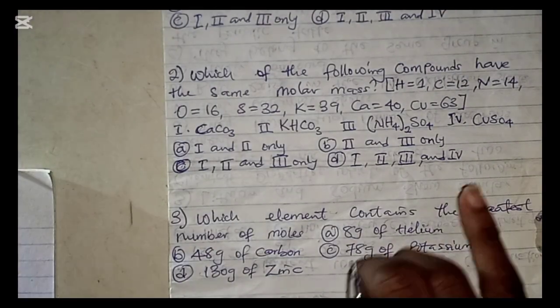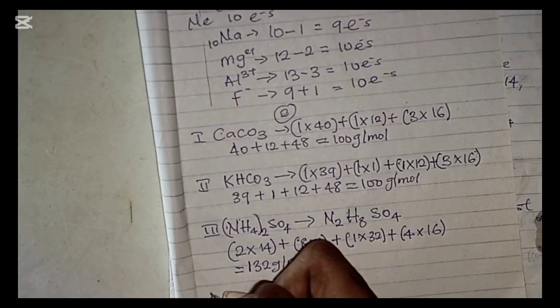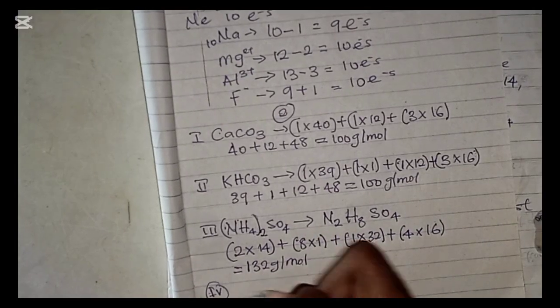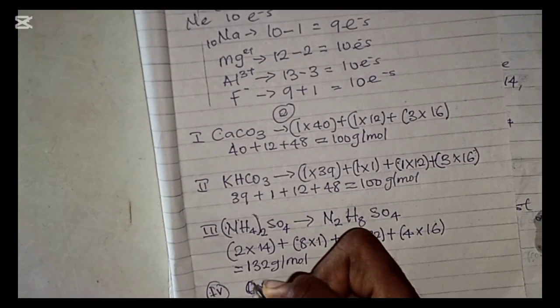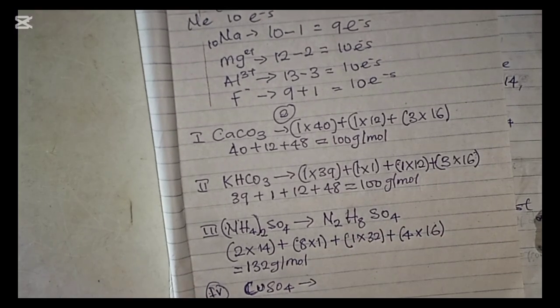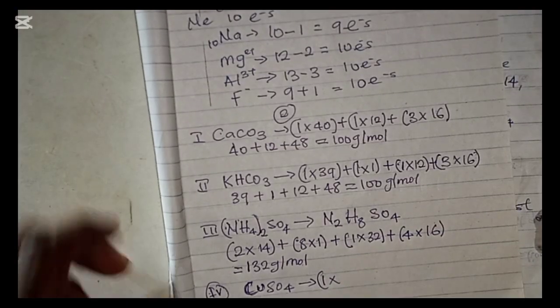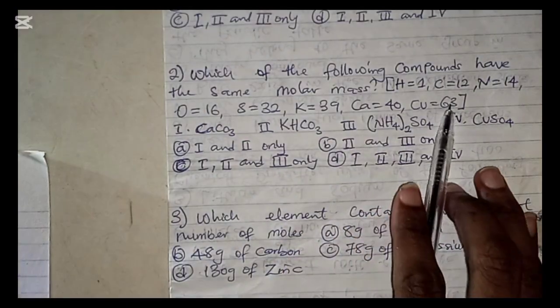And lastly, we have IV, which is copper 2 tetraoxosulfate 6, which is CuSO4. Now for this, copper has how many atoms here? 1 times the relative atomic mass, 63.